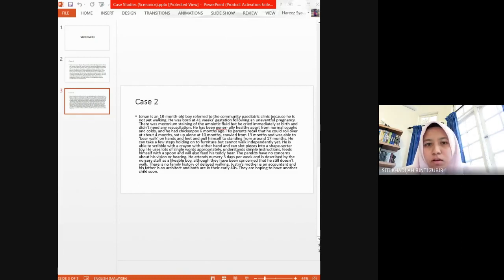Okay, for other criteria in developmental milestone like speech and language, is there any problem in this child? He can use lots of single words and can understand simple instruction.